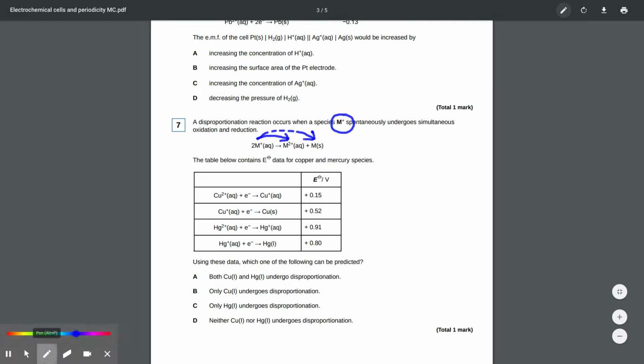So the two ions we need to look at are obviously the copper 1 plus ion in both examples here, and also then the mercury 1 plus ion in both examples here.